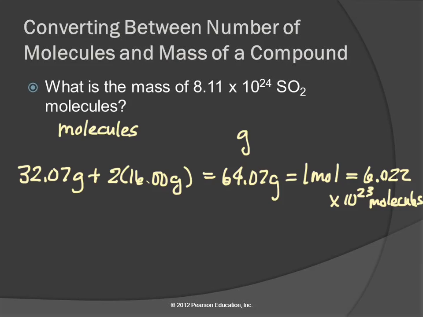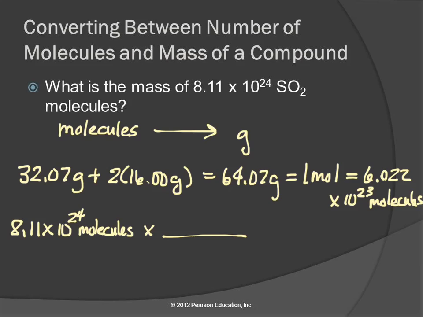So we can do this in one step. One step's always better than 2. So 8.11 times 10 to the 24th molecules. We're going to multiply. What are we multiplying by? What unit?